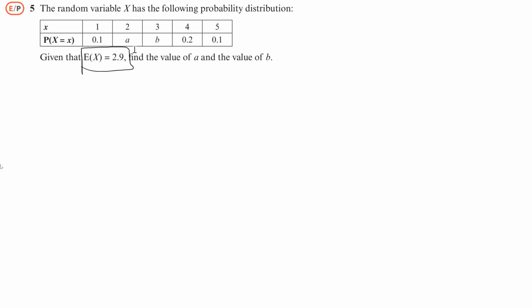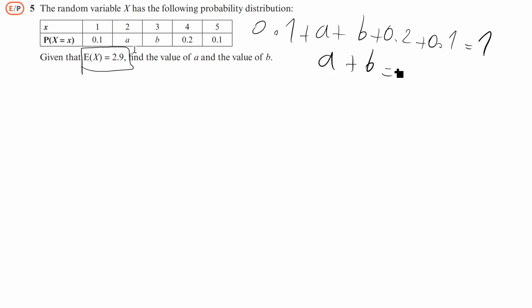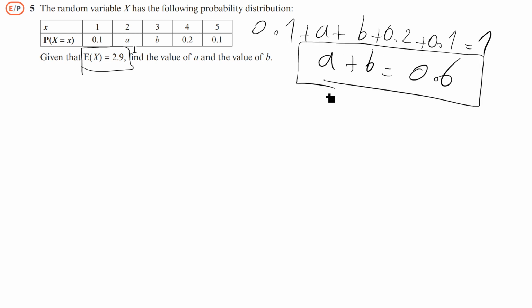The first thing is that the sum of probabilities is always equal to 1. So this means that 0.1 plus a plus b plus 0.2 plus 0.1 equals 1. If we rearrange this, we get a plus b equals 0.6. This is the first equation that we get.